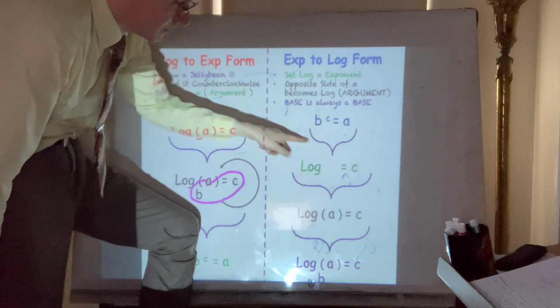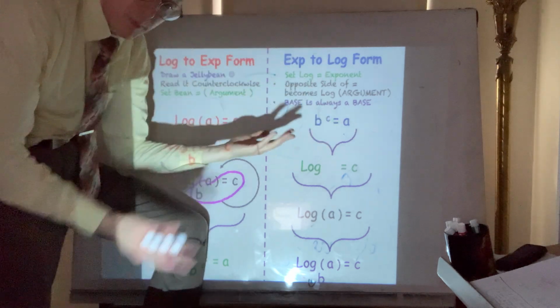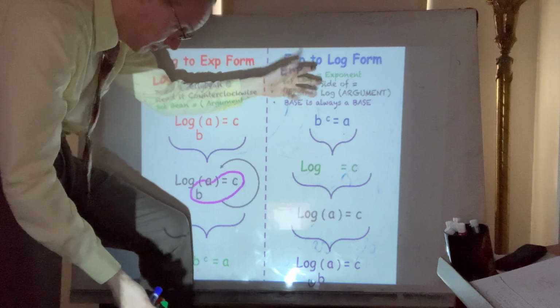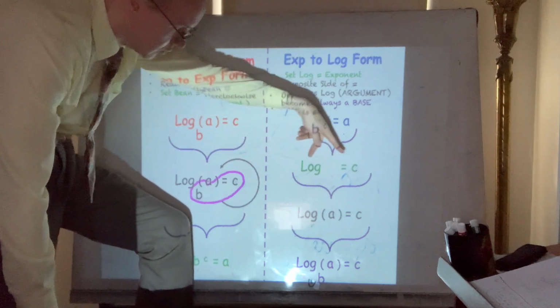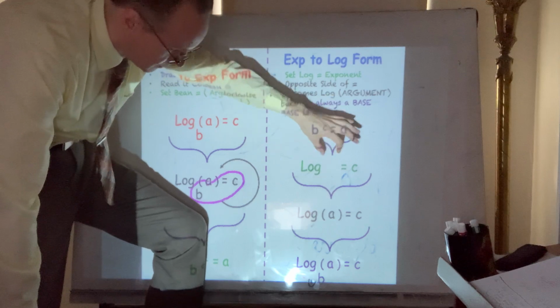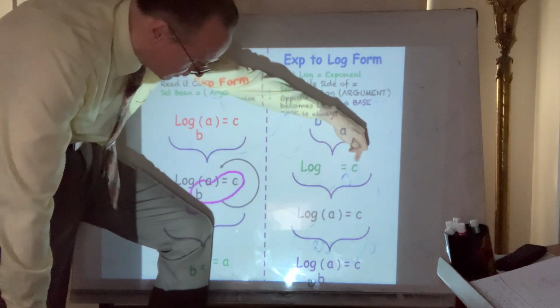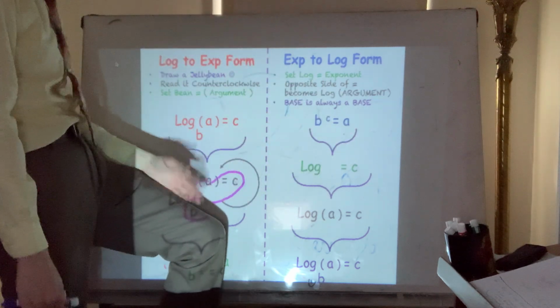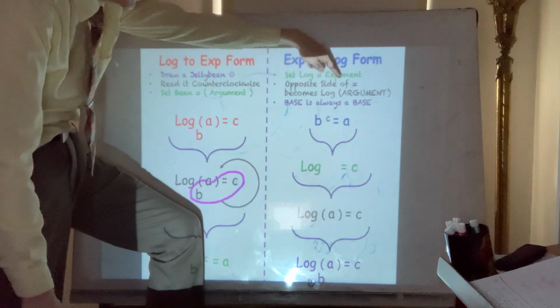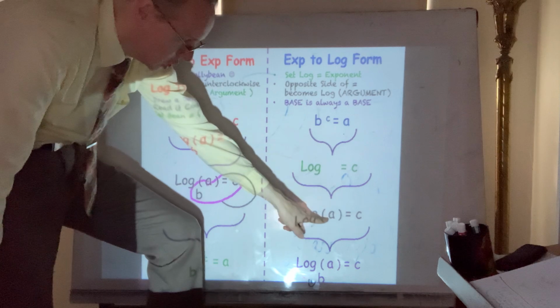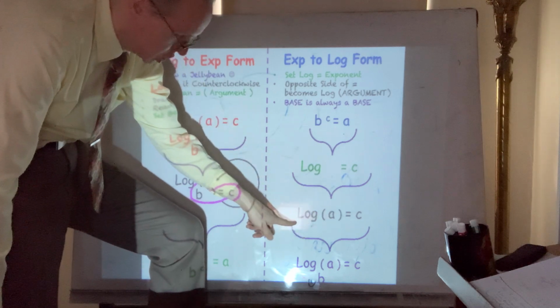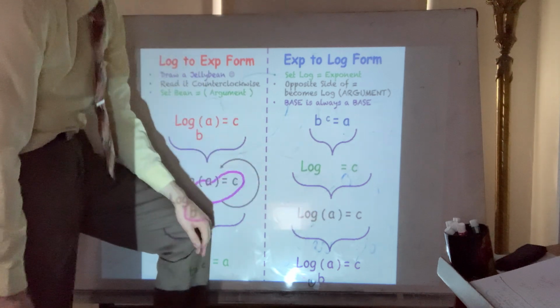If you see something in exponential form, and it will be obvious because there's a superscript number or variable here, you would just write this immediately: log space is whatever the exponent is. Then the opposite side of the equals will become the argument of the log function.